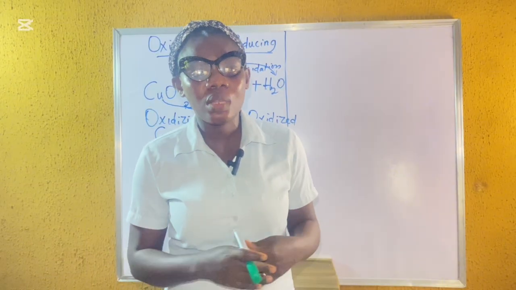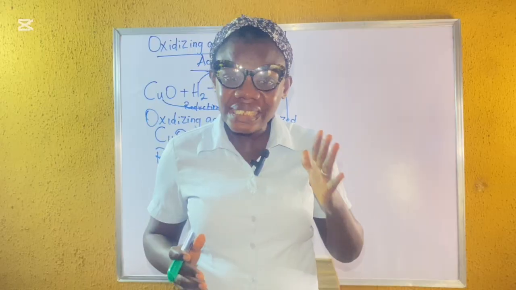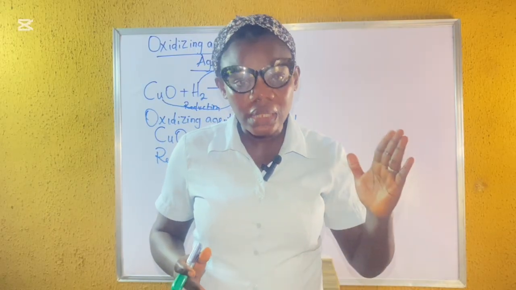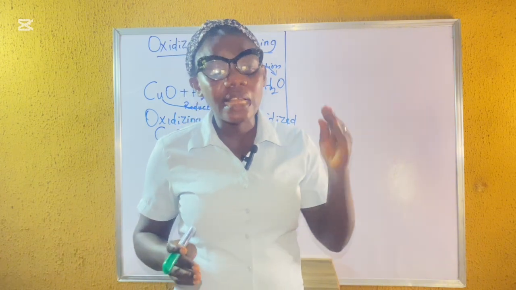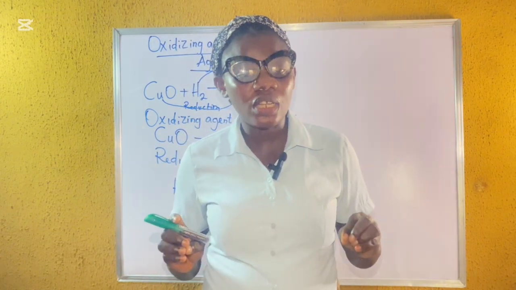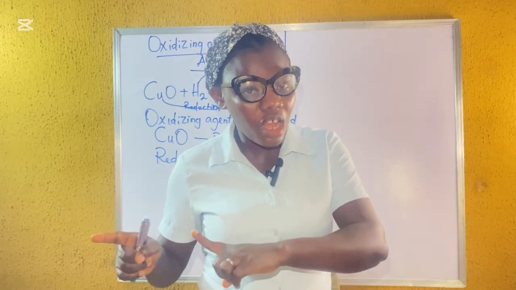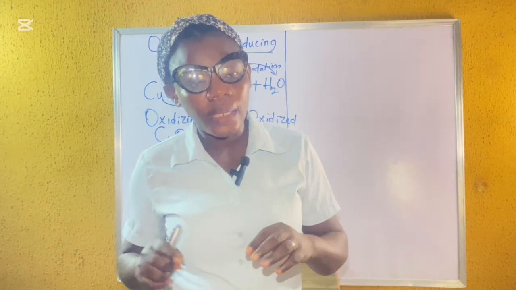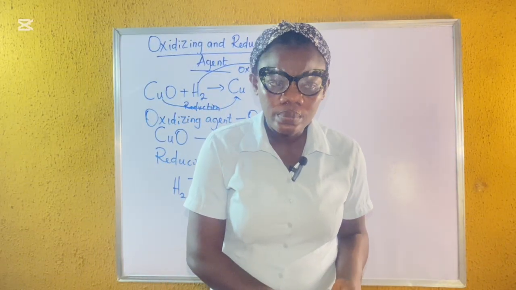Please get examples and learn more. You would always get the oxidizing and reducing agent from the reactant side. So get examples, look at them, and identify the oxidizing agent and the reducing agent. One paramount thing is you must be able to understand oxidation and reduction. Okay, so from here we'll be going to oxidation number.